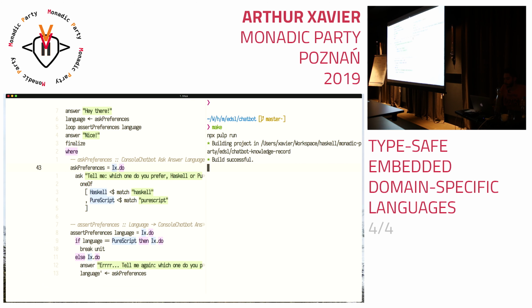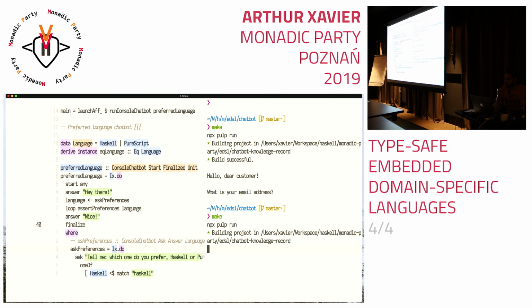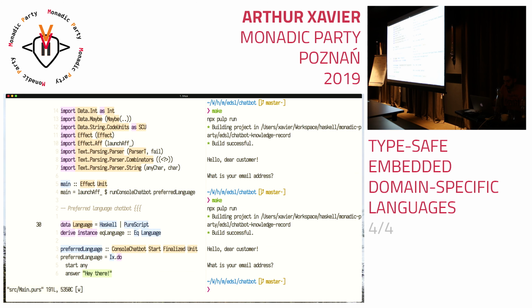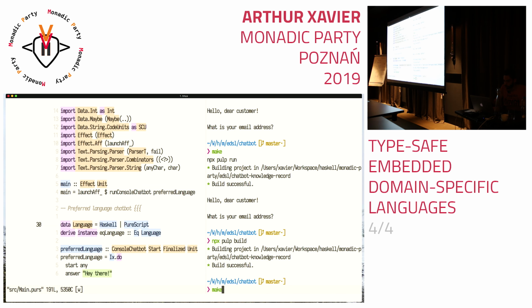So it's now awaiting my input. So it can start. I didn't save, probably. Okay, it's waiting for my input. Oh, why is it not working here? I probably need to build it. Yeah, my makefile is not working correctly.